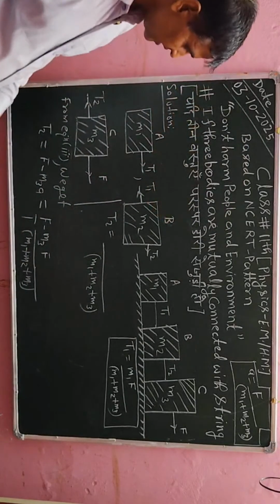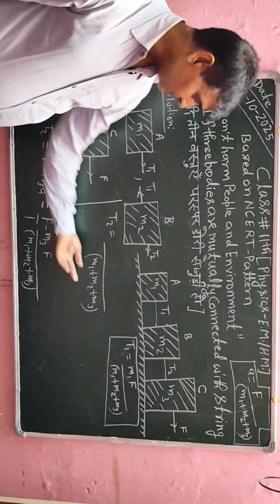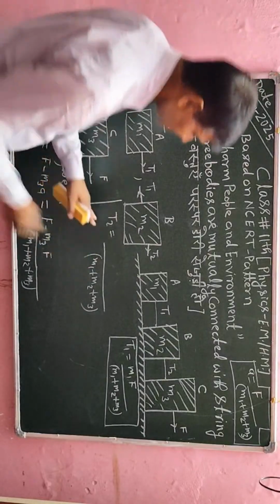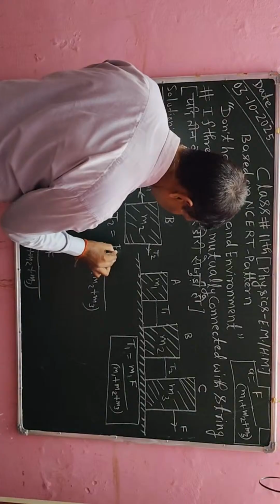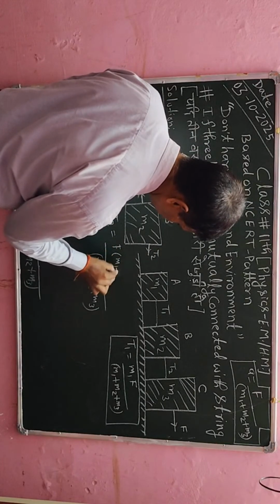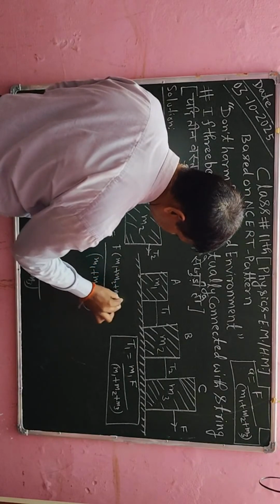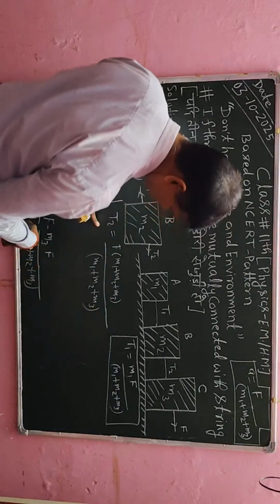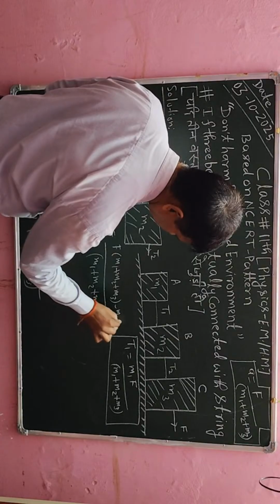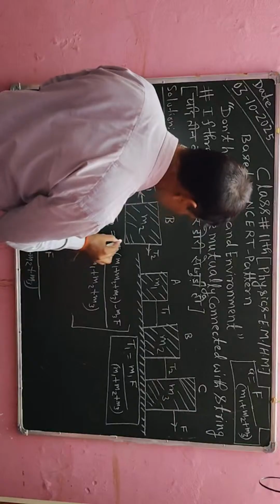Now this is the LCM of 1 into this one, so I will divide by this quantity and multiply this one into F. So here I have to write F into M1 plus M2 plus M3, and minus, divided by 1, so here I will write minus M3F.